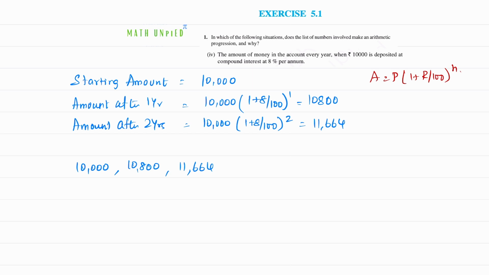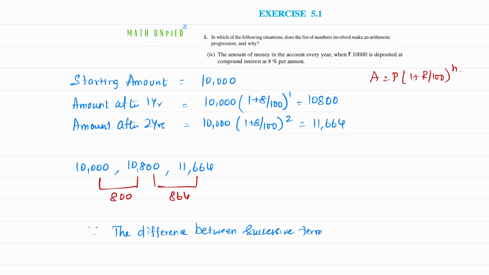Now we'll see the difference. This is 800 and this will be 864. Clearly the difference is not the same. Therefore we can conclude, since the difference between successive terms are not the same, this is not an AP.